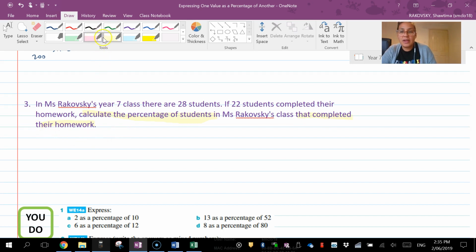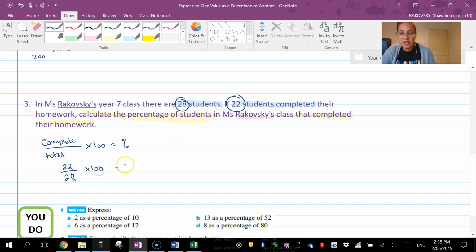The important information that helps us solve that problem is that there are 28 students in the class and 22 of them completed their homework. So it's going to be completed over total times 100 equals the percentage. So the completed students is 22 out of my total of 28 students. So they're my important numbers.